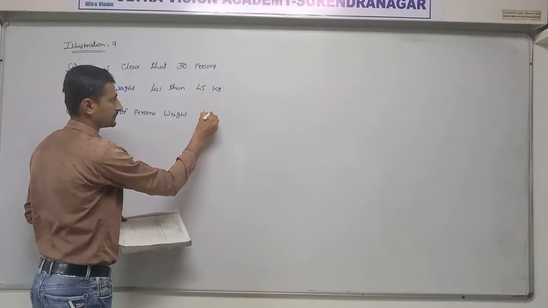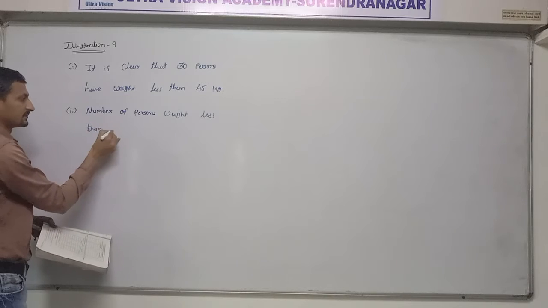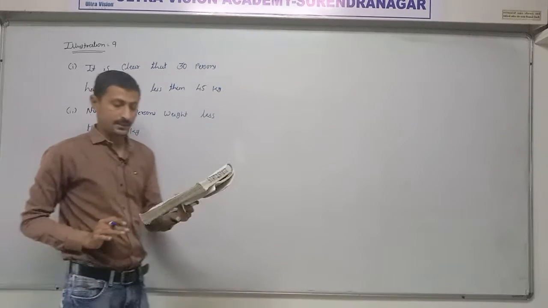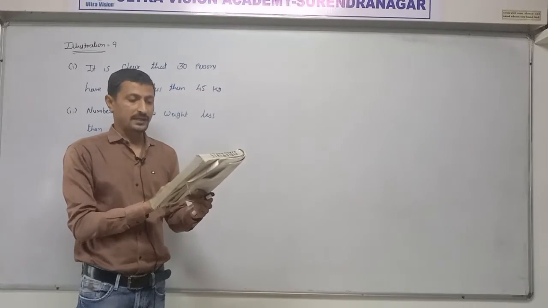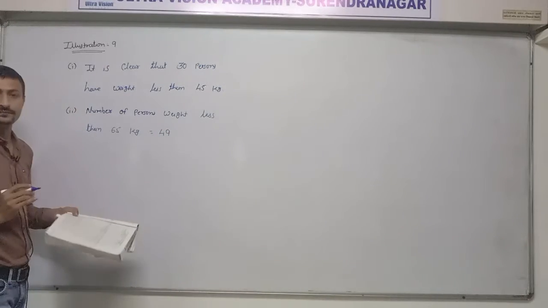Check it in your table. The less than 65 kg cumulative frequency is 49. The number of persons is 49.